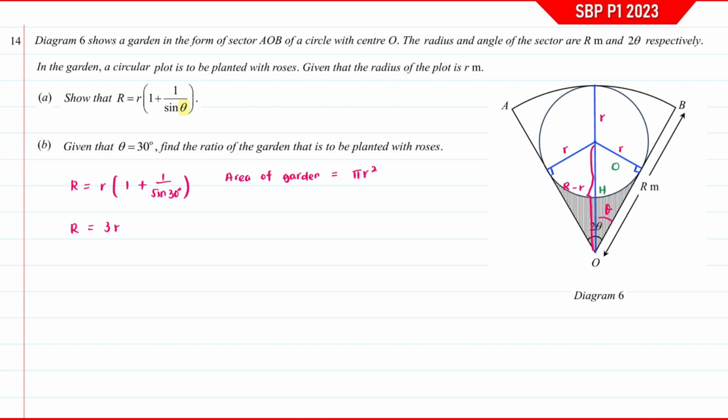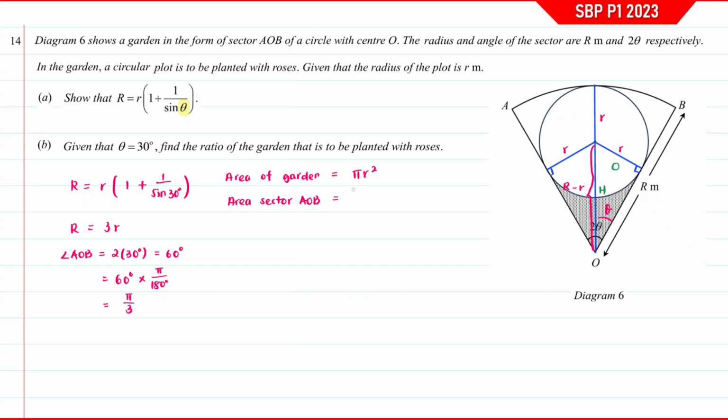As for the area of the sector AOB, we're going to use the formula 1 over 2 r squared theta. Here the angle AOB will be 2 times 30 degrees, which is equal to 60 degrees. Then we convert this 60 degrees into radian. This will be equal to 60 degrees times pi over 180 degrees, which is equal to pi over 3 radian.